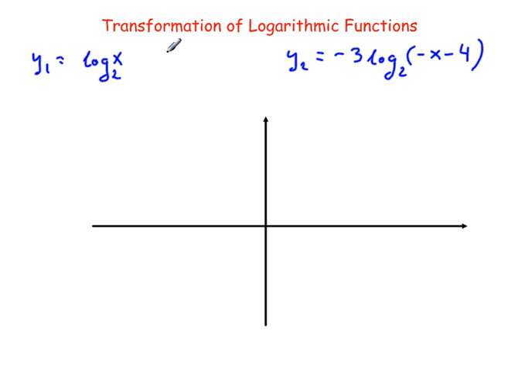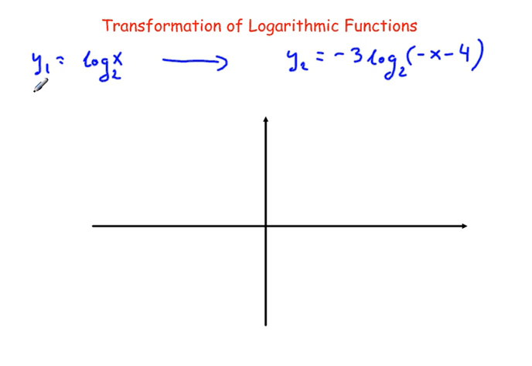And we need to transform this into the y2 function, which is now defined as -3 logarithm to base 2 of -x minus 4. The first thing is to define the domain and range of the original function, and then we'll proceed to identify the domain of the new transformed function.